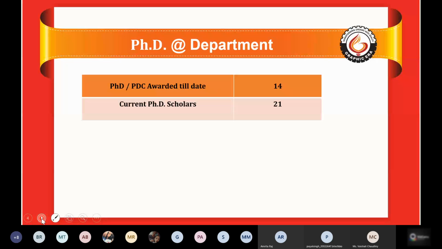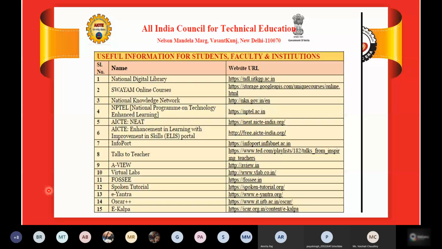They are doing their research. Why I'm sharing this slide is because when I say research, projects, or any kind of lab work, the scholars are the bridge or the connection which connects you to the laboratory, because they are continuously innovating something.